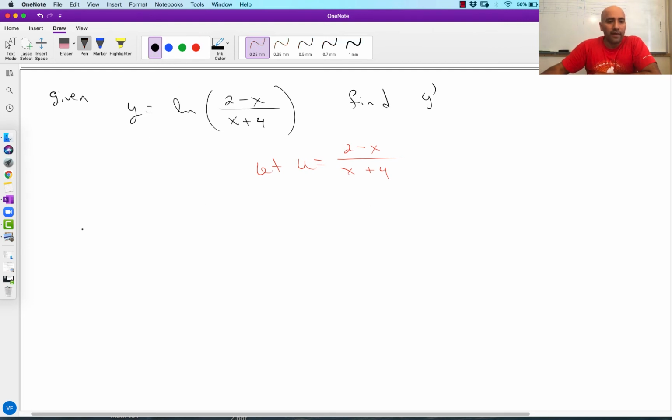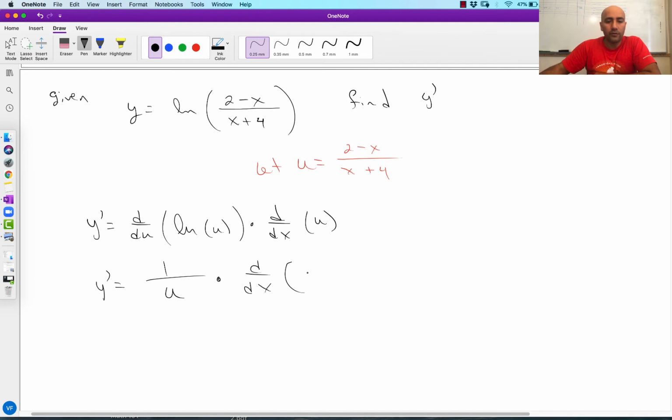And then we have that y prime is going to be equal to d du of ln of u times the derivative with respect to x of the u. So this one's going to be easy. The derivative of this part is just going to be 1 over u times the derivative with respect to x of the u, which is 2 minus x all over x plus 4.